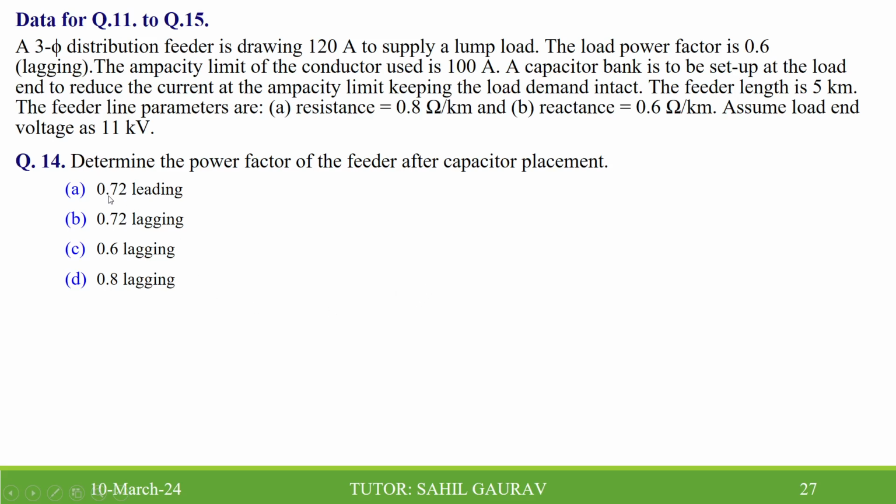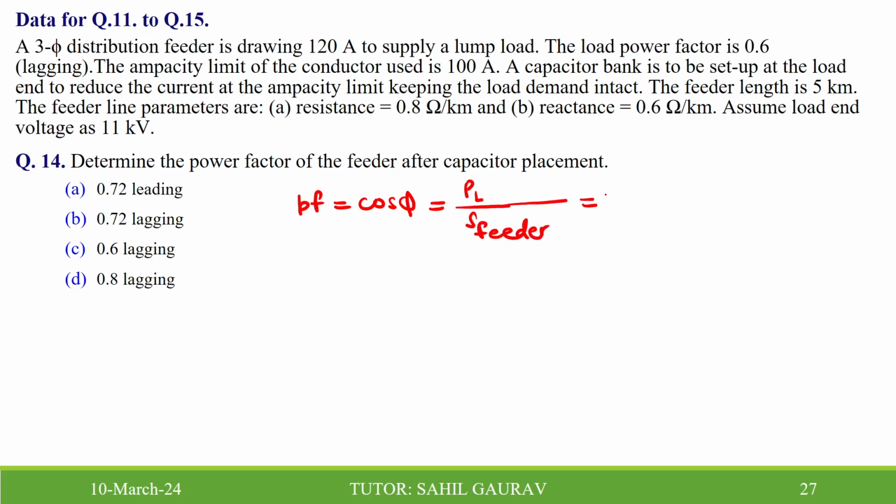So let us see the next problem. In this problem you have to find the power factor of the feeder after capacitor placement. So this is very simple. We have already found PL, and power factor is cos phi. So power factor of the feeder will be active power upon the apparent power of the feeder.